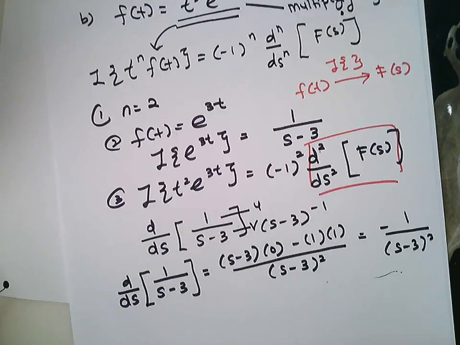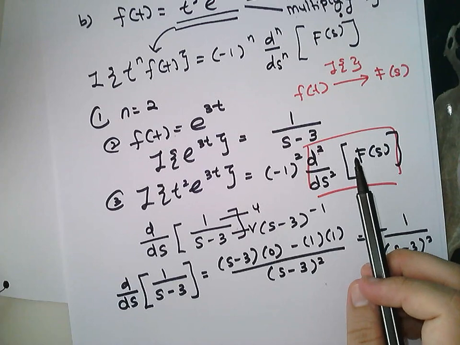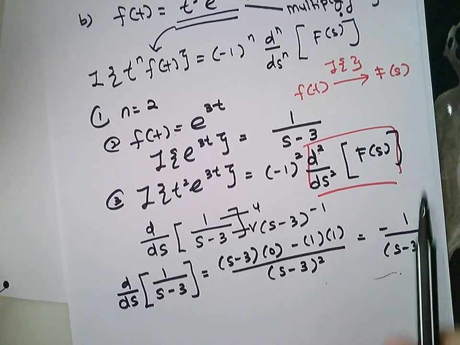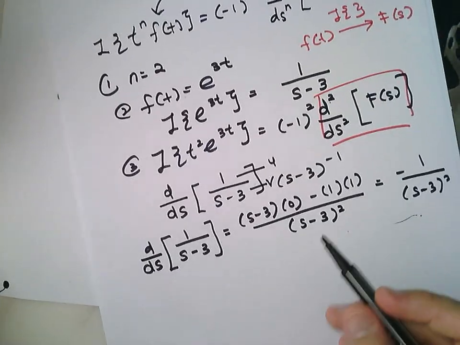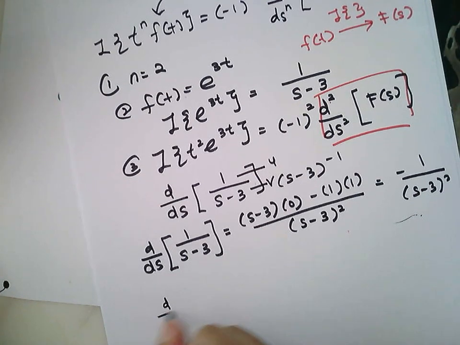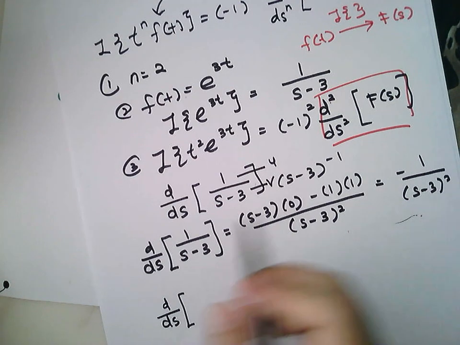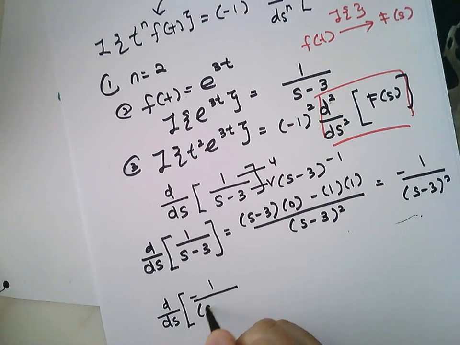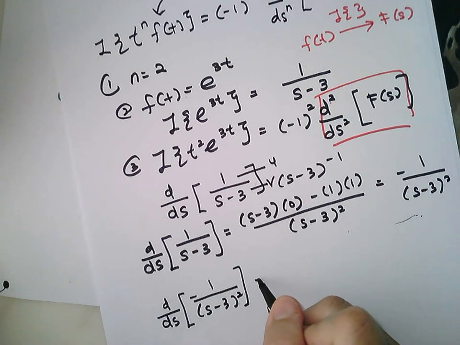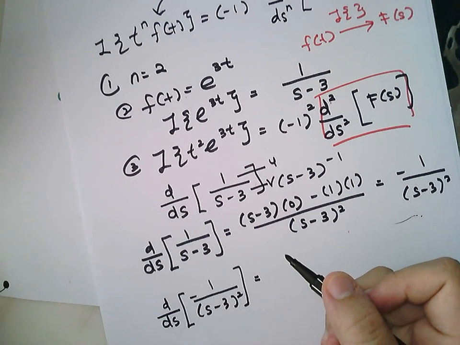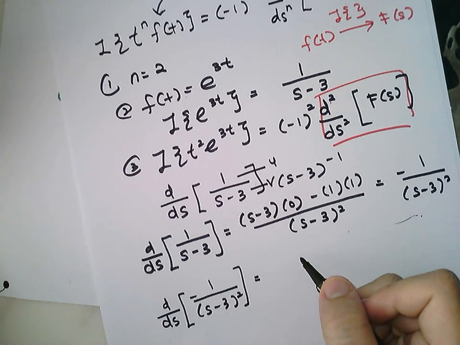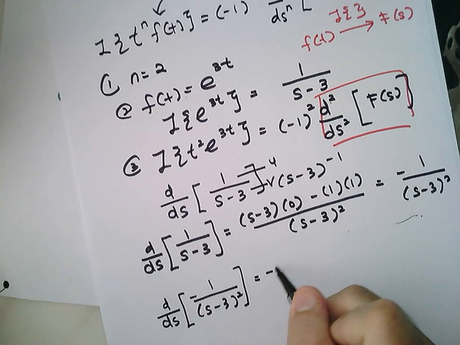But this is only one ds. You remember that you need to differentiate the function twice. So the second differentiation is d/ds of negative 1 over (s minus 3) squared. You can factorize the negative first because negative is a constant.